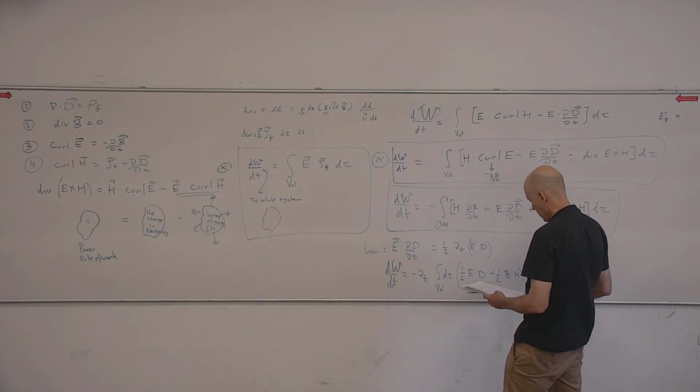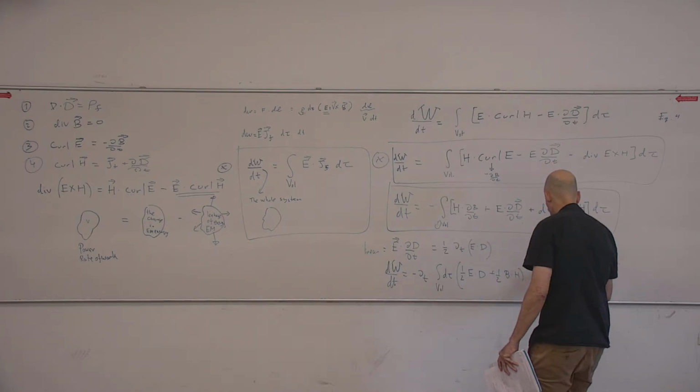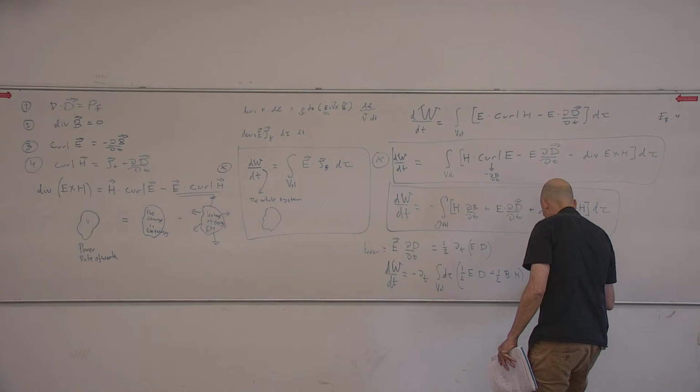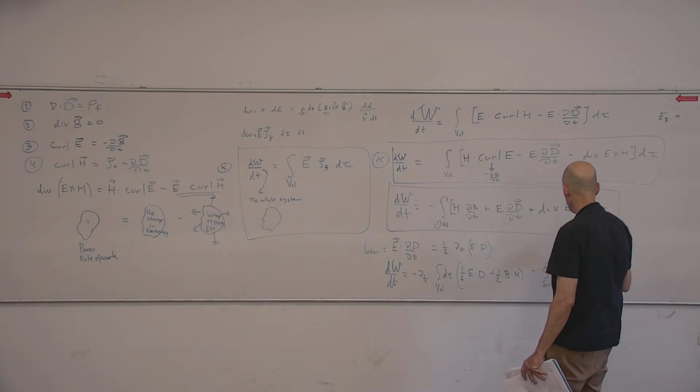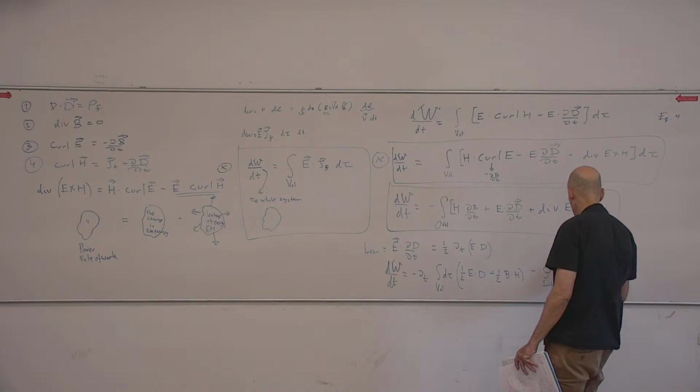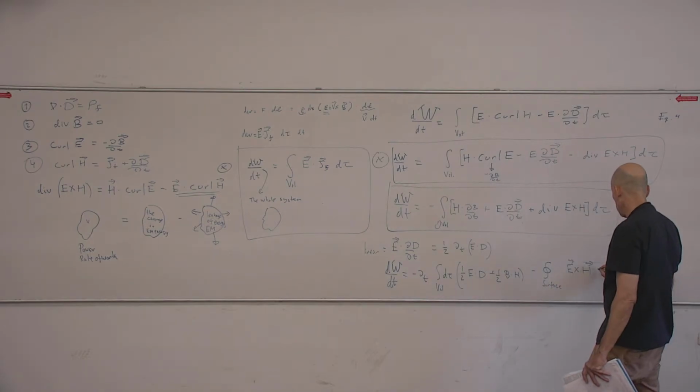Minus, because of this minus sign, the integration over the surface of what? Instead of this divergence, we have E cross H, but now dot dA.